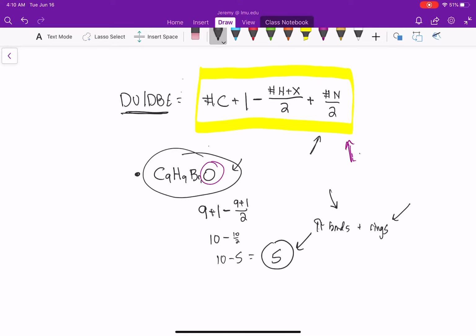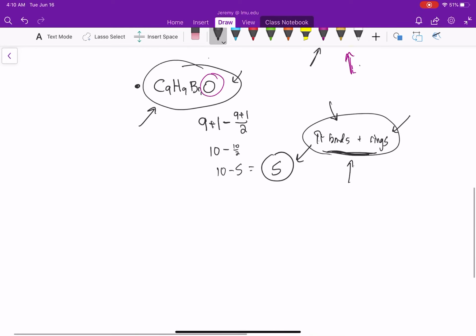That's why DU and DBEs are useful. Anytime we're trying to figure out the structure of a molecule, if you're given the formula, the first thing you want to do is calculate our DUs or DBEs, so we have a general idea of how many pi bonds or rings we have.